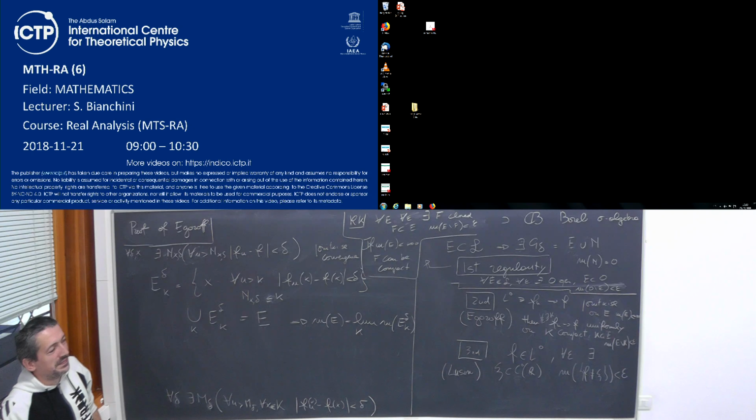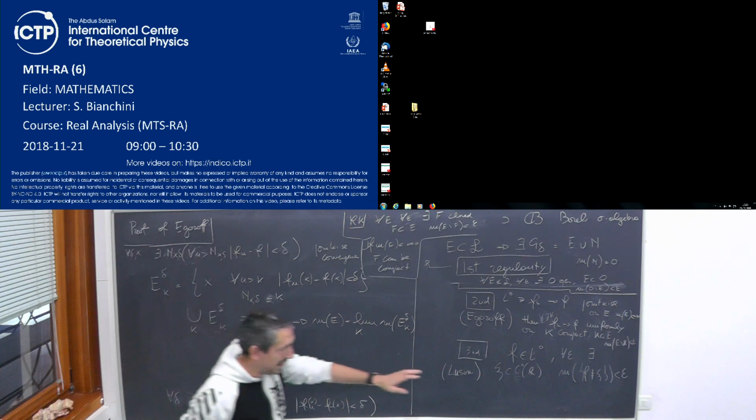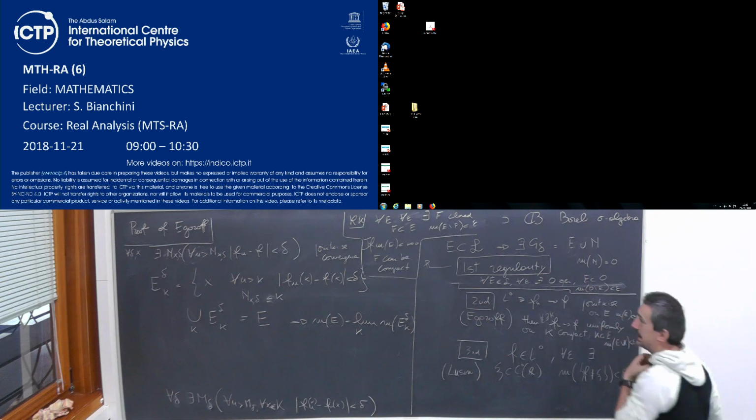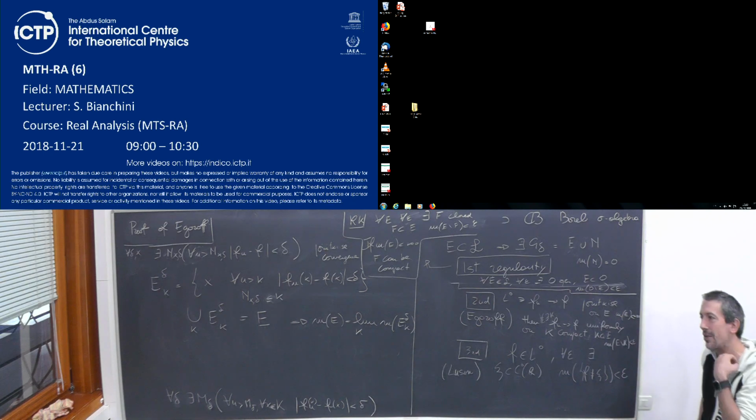So far we haven't used any property of the finiteness of the measure. But now we can use it.